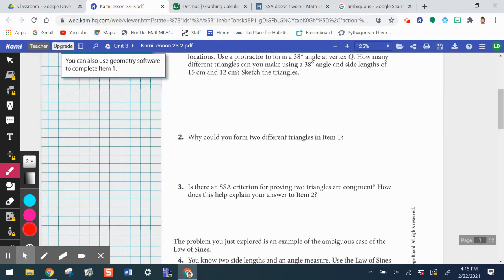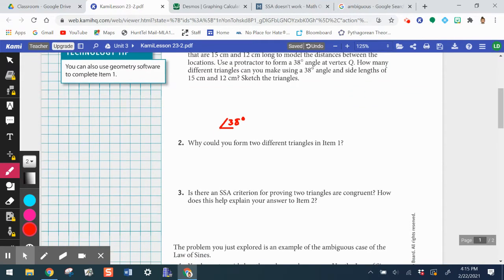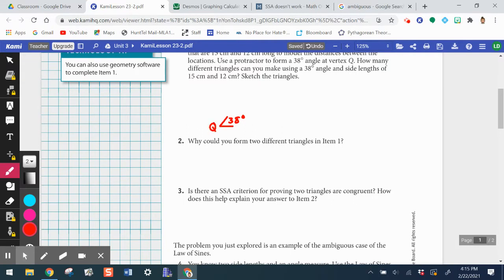So for starters, we'll have a 38-degree angle. And remember, the measure of an angle, and this is, I believe, located at vertex Q, the measure of this angle Q has nothing to do with the length of this side or this side. Nothing. In fact, the definition of an angle is when two rays meet or intersect.